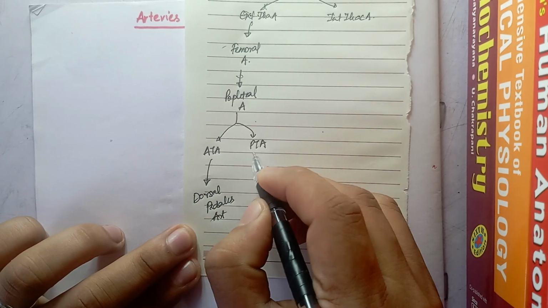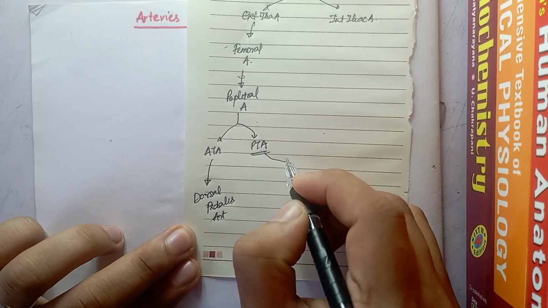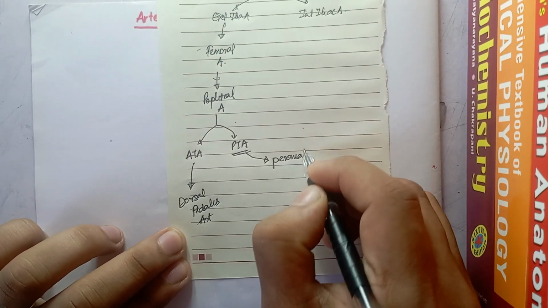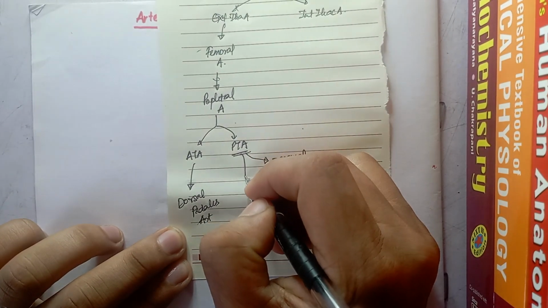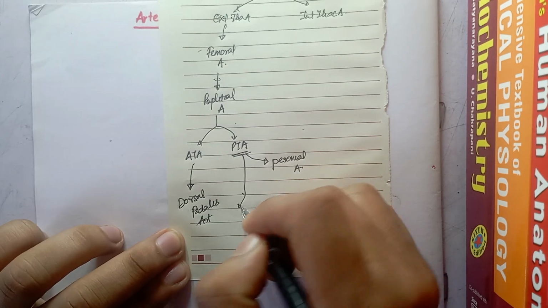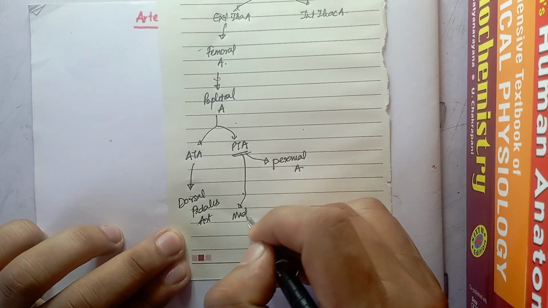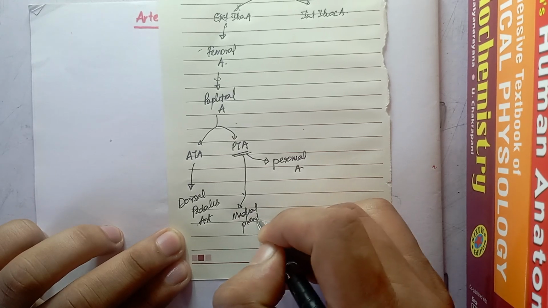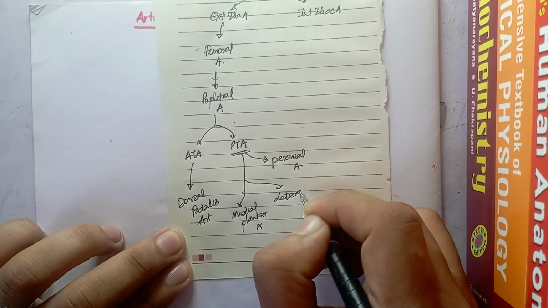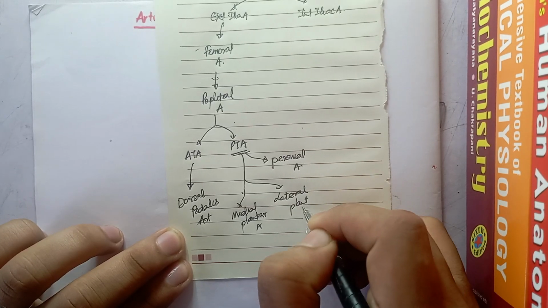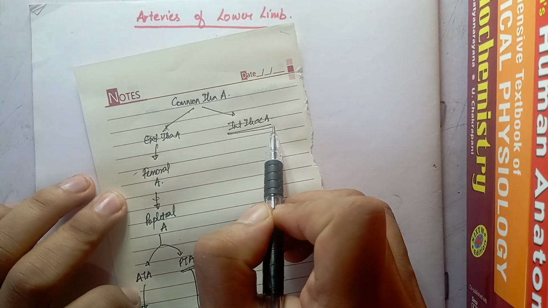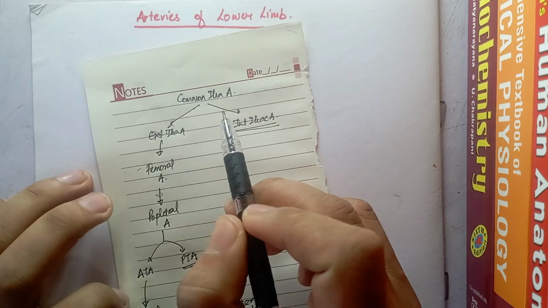And then the posterior tibial artery will give a branch called the peroneal artery, and it will move further below and later terminate, forming the medial plantar artery and the lateral plantar artery.